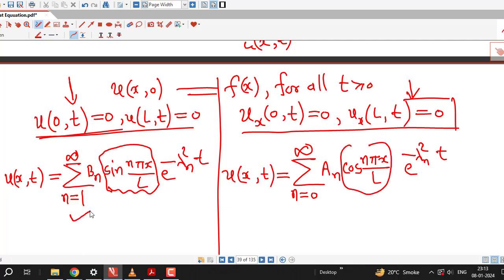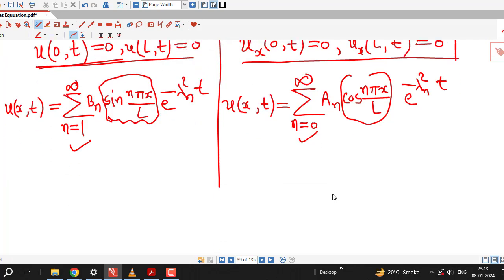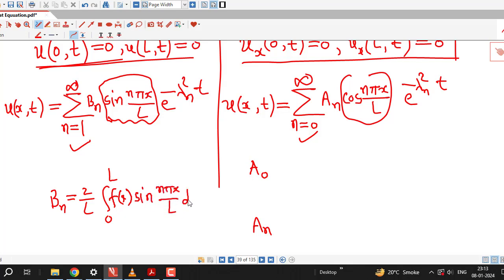Here summation starts from n equal to 1, here summation starts from n equal to 0. So here we have to calculate a0 and an, and here we have to calculate bn, which is given by 2 by L integral from 0 to L f(x) multiplied with sin(n pi x over L) integrated with respect to x.